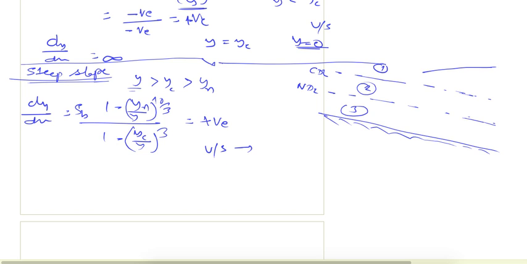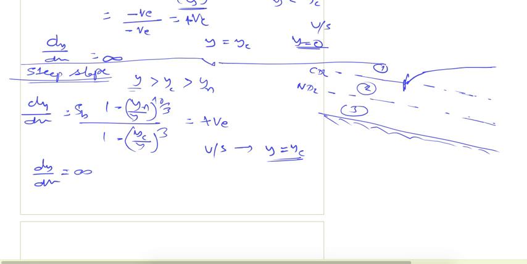So y will almost be equal to yc, and when y is equal to yc, this ratio will be infinite, which means it will meet the CDL line normally.